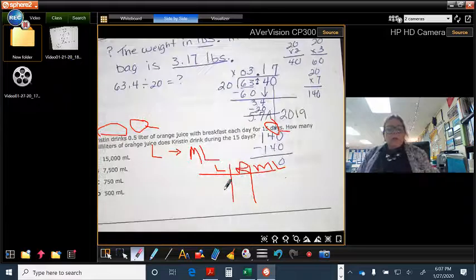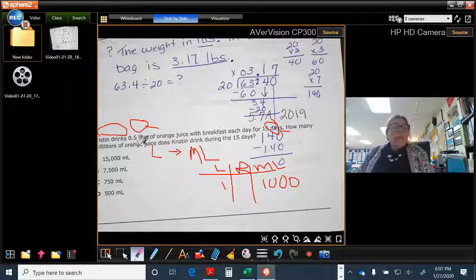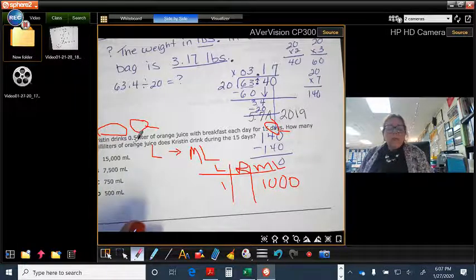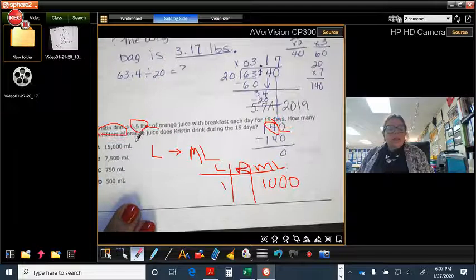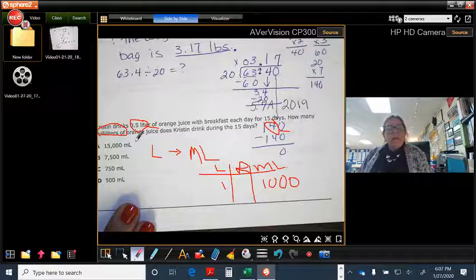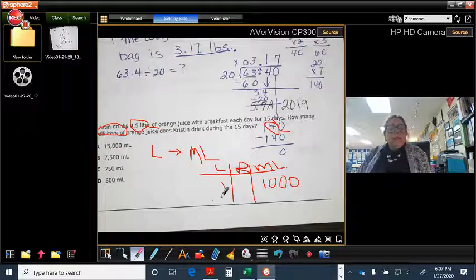So I'm going to move this over here. 1 liter equals 1,000 milliliters. Well, I only have 5/10.